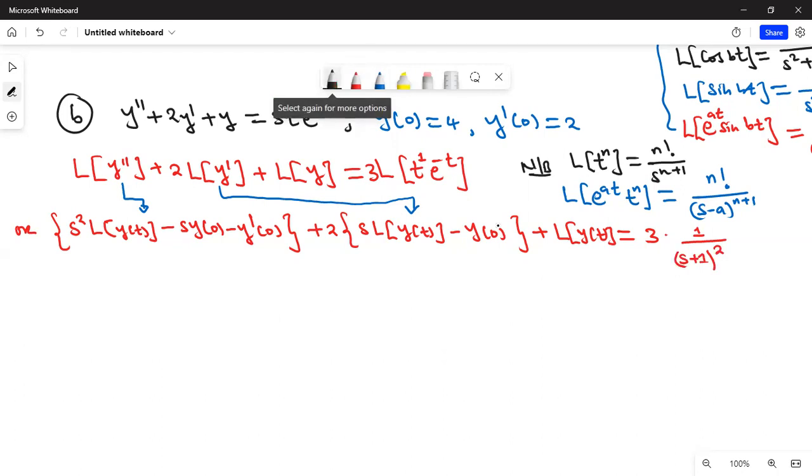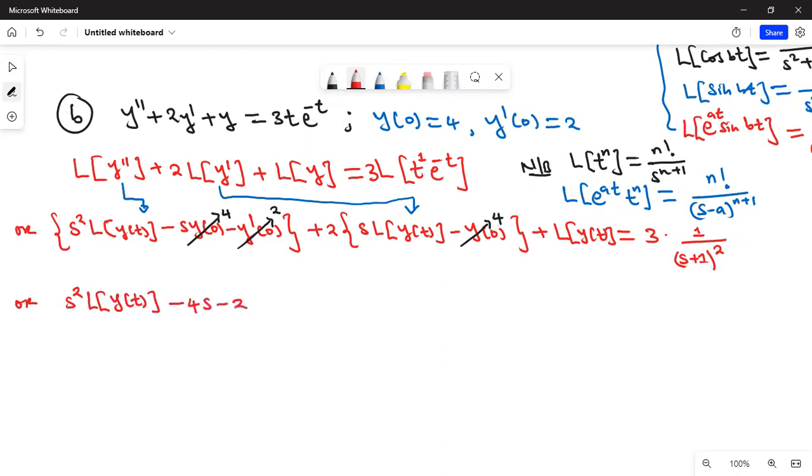Now let's apply the initial conditions. What is y of 0? That is 4. So this will cancel to 4. y prime of 0 will cancel to 2. Similarly, here we'll have 4. So that upon applying those initial conditions, we are now going to get s squared Laplace transform of y of t, minus 4s minus 2.